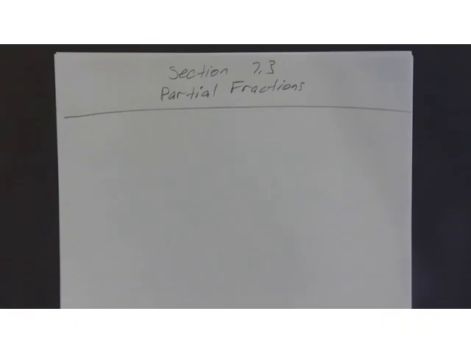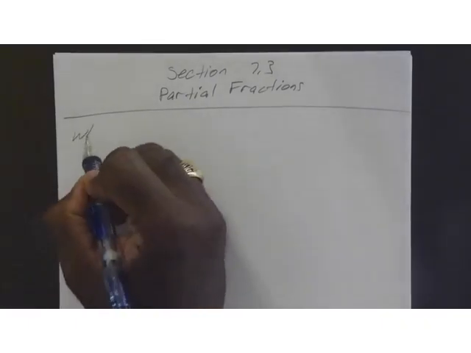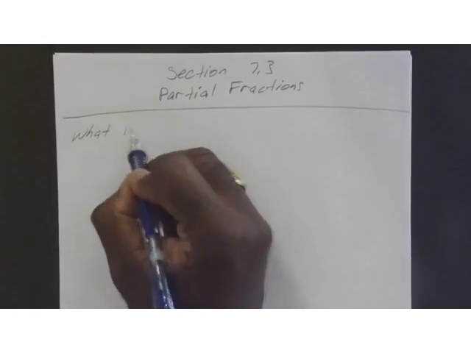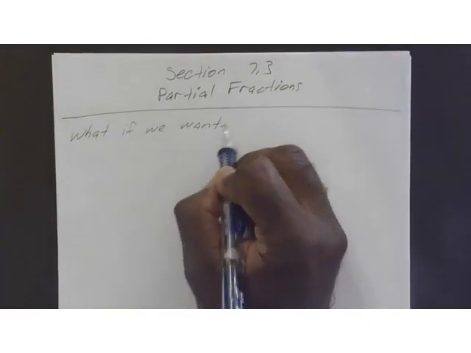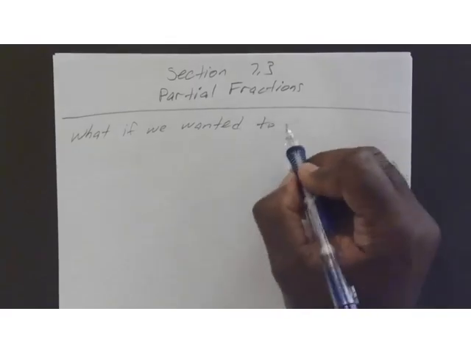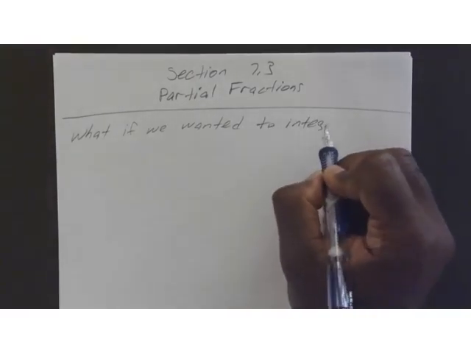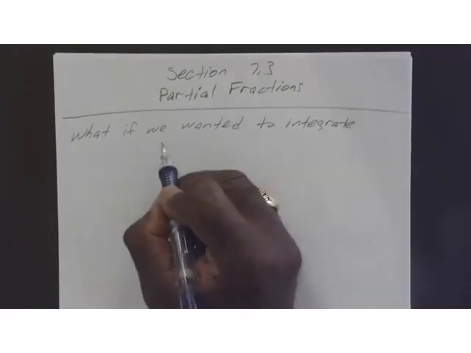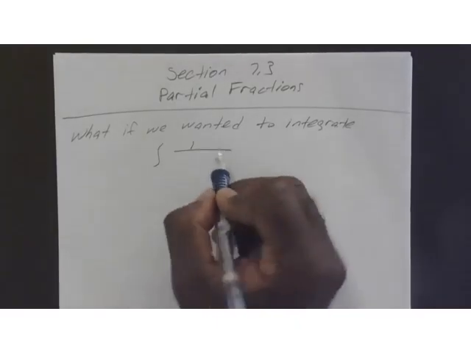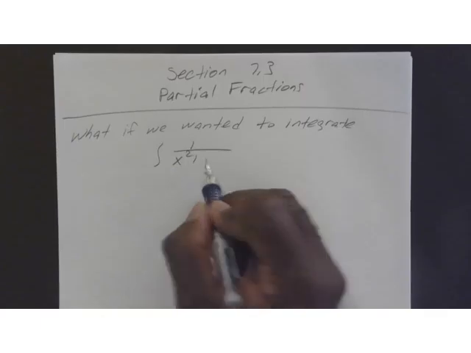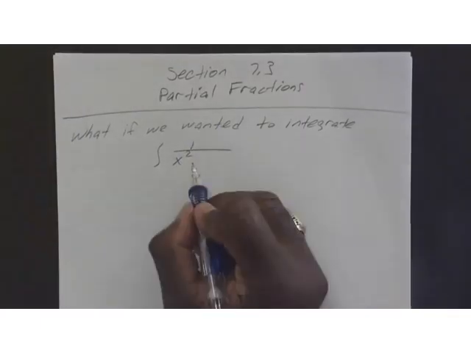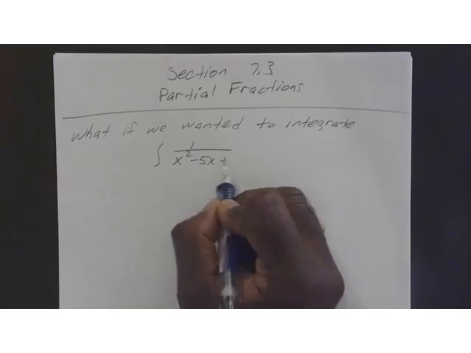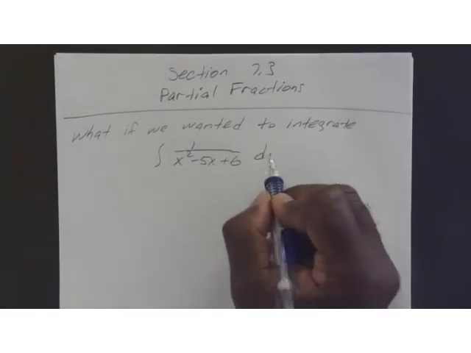Okay. So with this one, let's say, what if we wanted to integrate, say, the integral of 1 divided by x squared minus 5x plus 6 with respect to x?